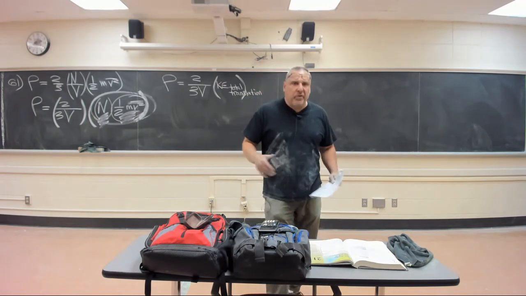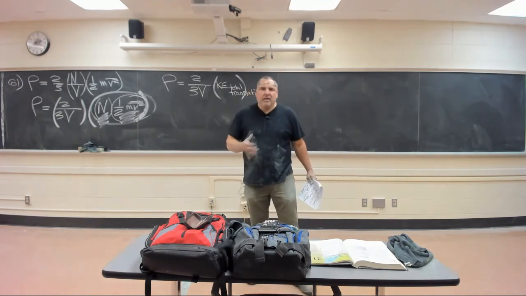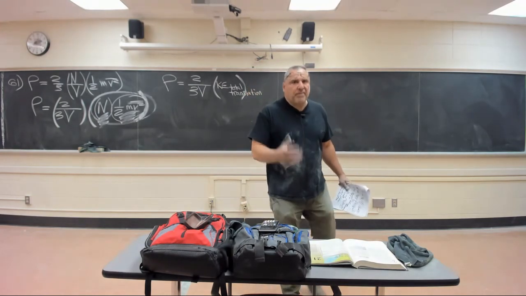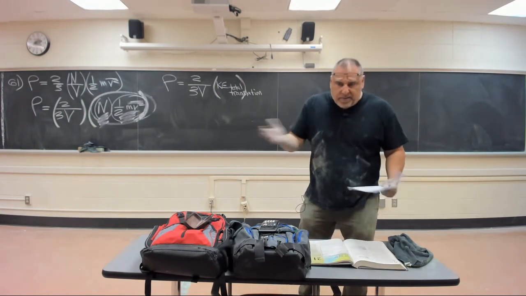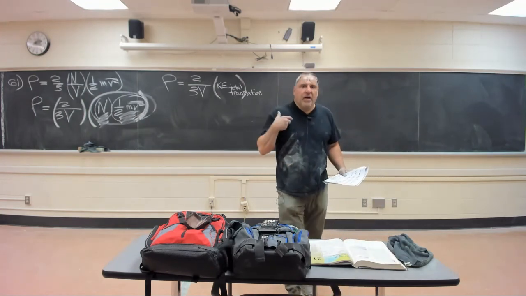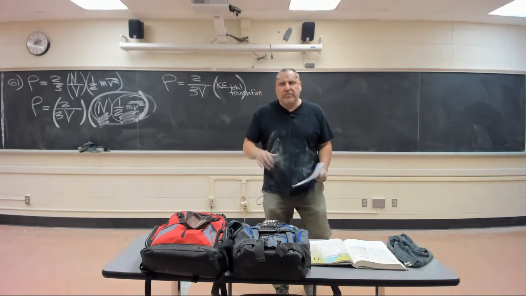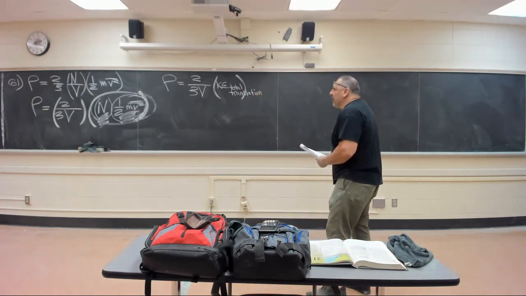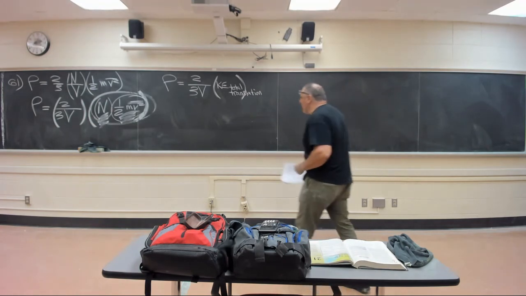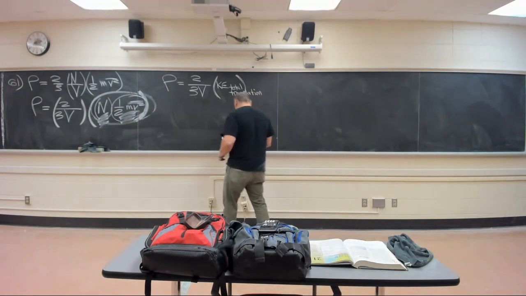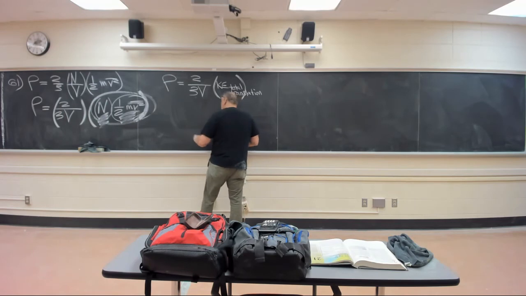A third of the particles roughly are hitting the x direction walls, a third the y direction walls, and a third the z direction walls. So I think the 3's in there. That comes into play based on stuff I've already said. All right, so it shouldn't be too bad.